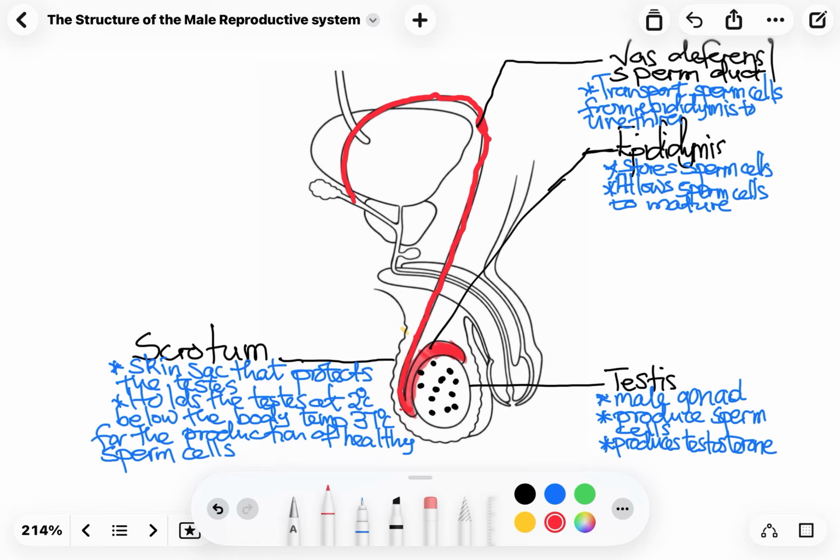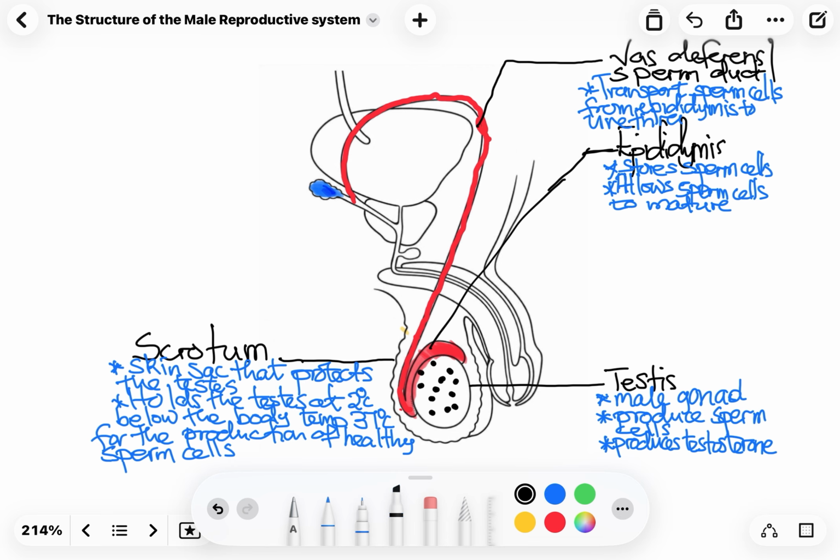They are now here, and as you can see, they are close to this accessory gland. So some fluid is going to be added to the sperm cells by this accessory gland.